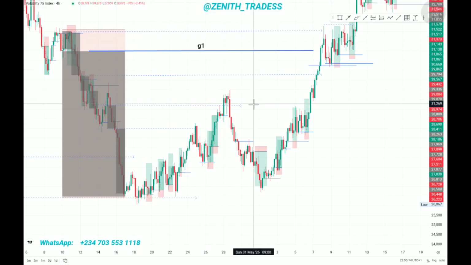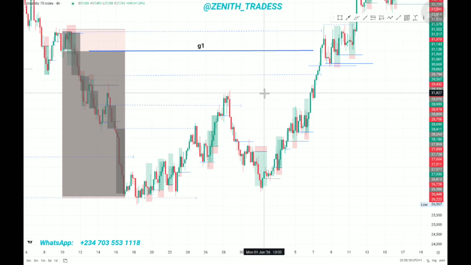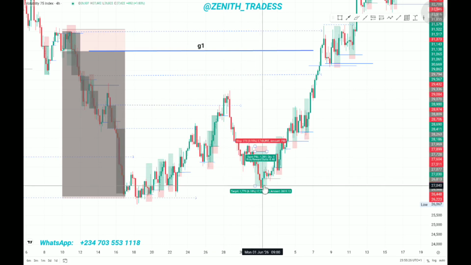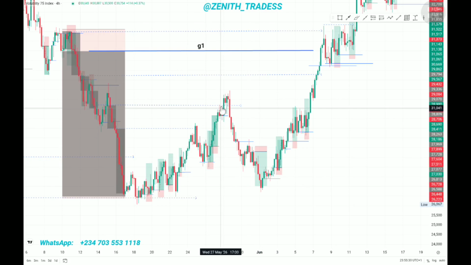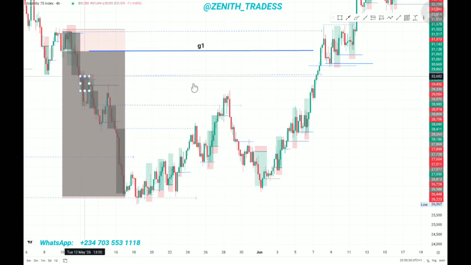A major reaction started from there. I hope you can see. So a major reaction started there, and it continued to move down until it swept the liquidity, because that's a major reaction.